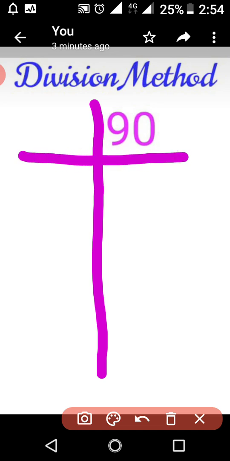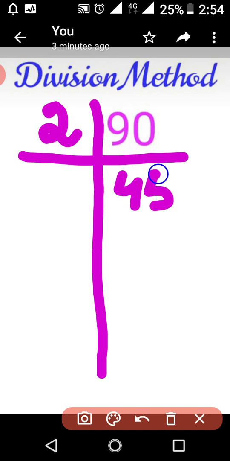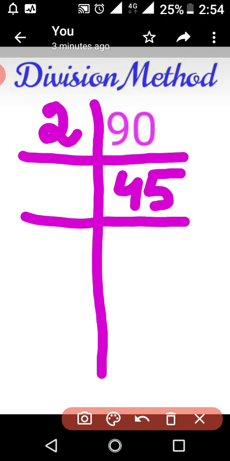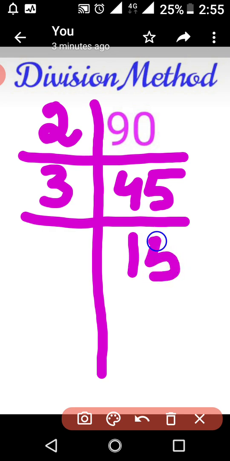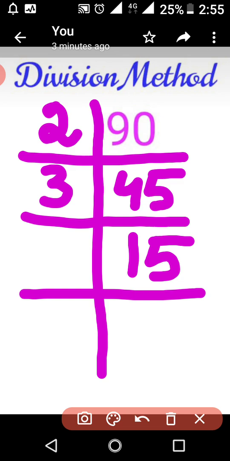Now what is the first prime number? 2. 2 divides 90 to 45s or 90. Again check for the next possible prime number. Here 2 is not possible to divide 45. Then go for 3. Yes, it is divisible. 3 15s are 45. Write here 15 and draw the short line below the 15.